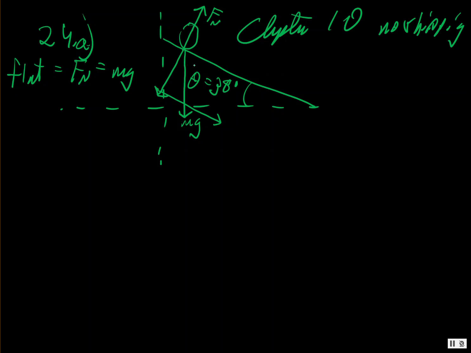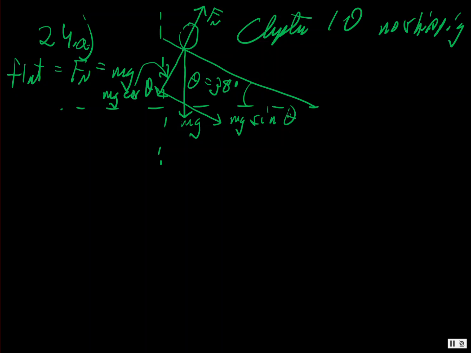Since we know mg and opposite over hypotenuse, this is mg sine theta. And since this is adjacent over hypotenuse, this is mg cosine theta.